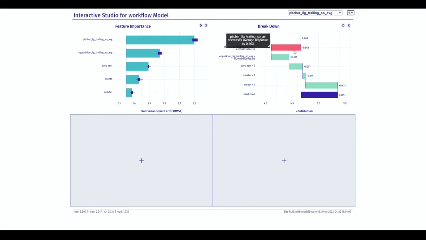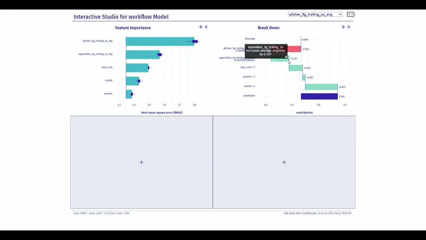So that's immediately going to drag down their predicted performance in strikeouts. The opposition's trailing 5-game strikeout average is about 29% of the at-bats they strike out. And the model is saying, well, that's pretty high, so that's going to make it more likely this pitcher throws proportionally more strikeouts. Days of rest is 5, which the model sees as positive for more strikeouts.